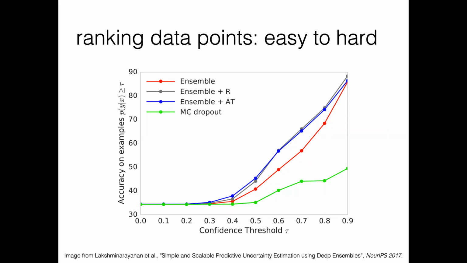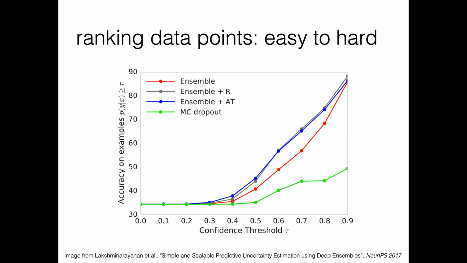And you can define some threshold, tau. As we move that threshold higher and higher, that is cutting off the harder and harder data points, the ones with the lowest confidence, we should see our accuracy go up and up. Because if we sorted them from easiest to hardest by our model outputs, we should see our accuracy monotonically increase, since we evaluate the accuracy on just the easier and easier subset of points.